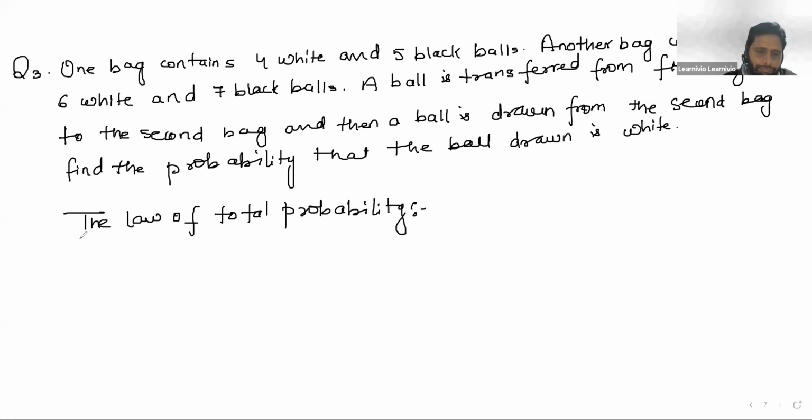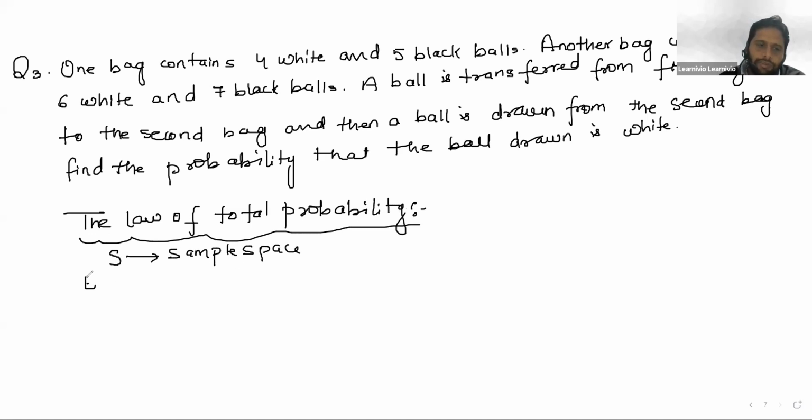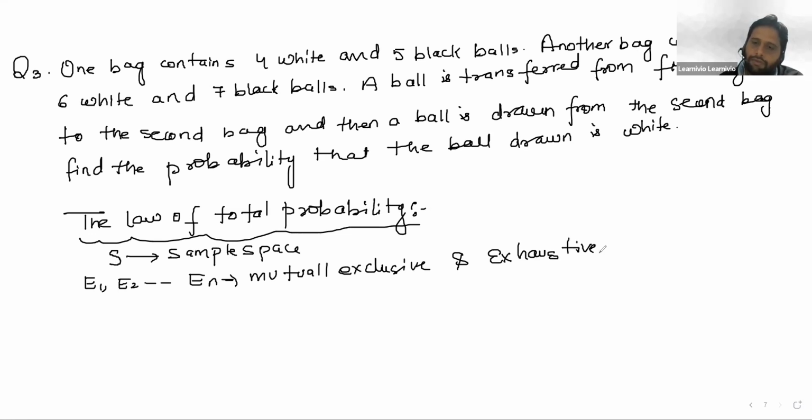Suppose S is a sample space, and you have events E1, E2, and so on up to En. These are mutually exclusive and exhaustive events, which are associated with the random experiment.